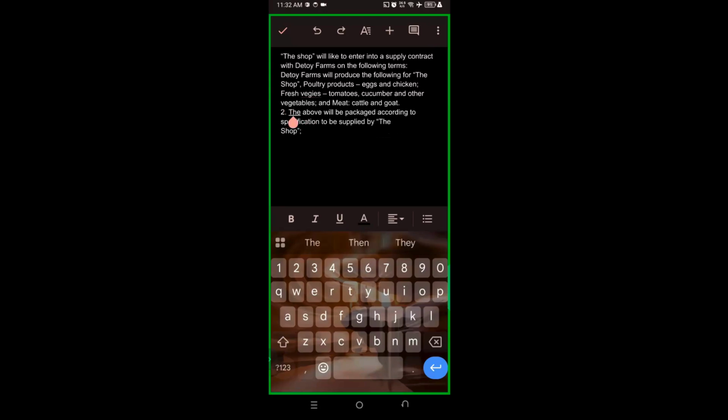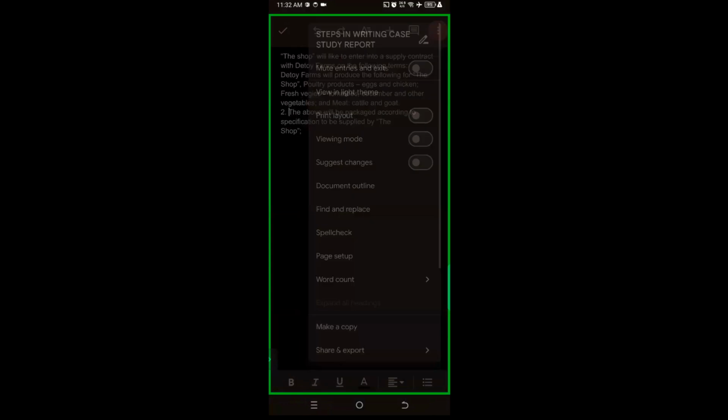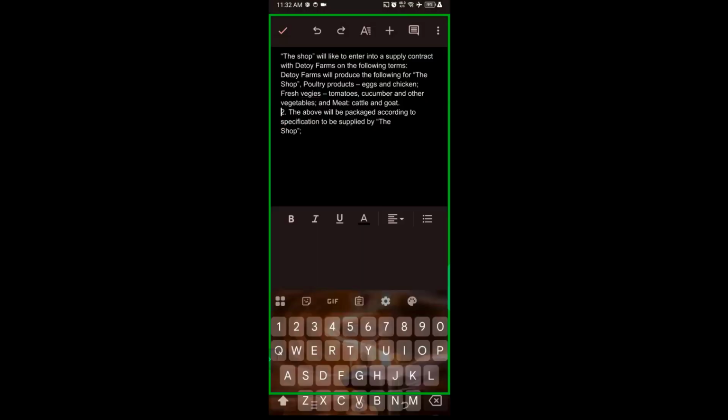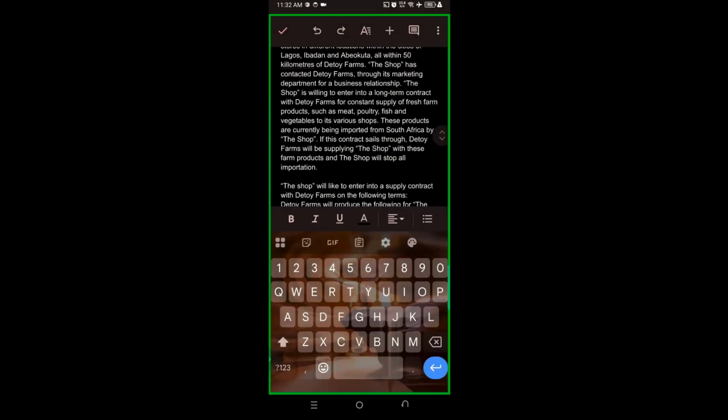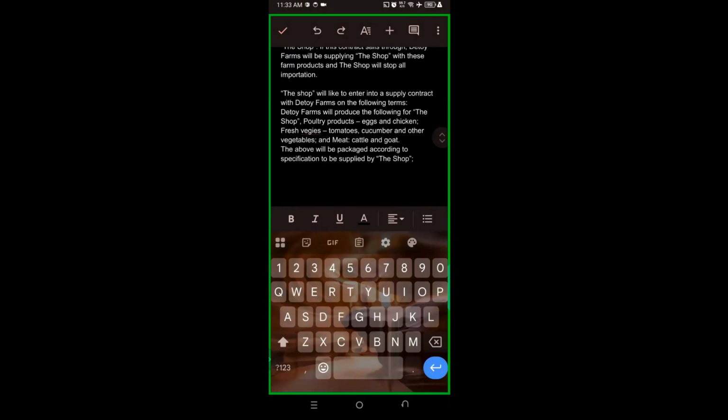It says the above will be packaged according to the shop's specification. That is point number 2. So I've made two relevant points and used two exhibits now.